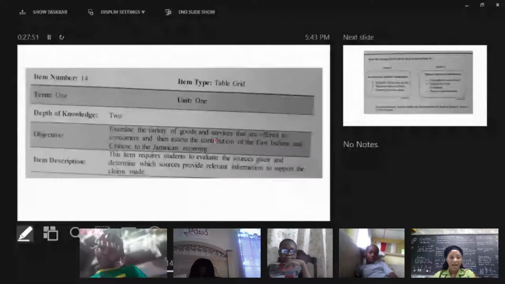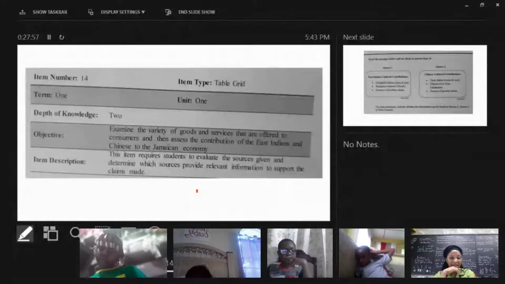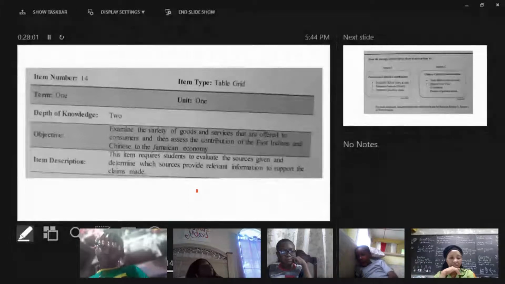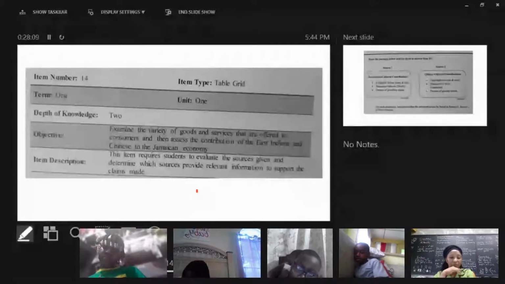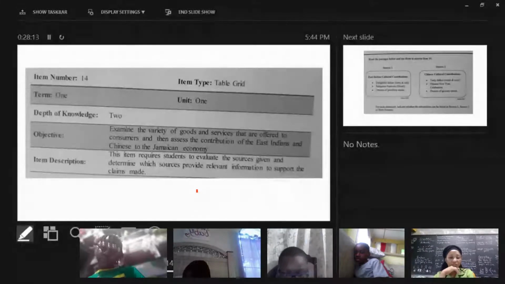Correct. Item 14. The objective is to examine the variety of goods and services that are offered to consumers and then assess the contribution of the East Indians and Chinese to the Jamaican economy. This item requires students to evaluate the sources given and determine which sources provide relevant information to support the claims made.